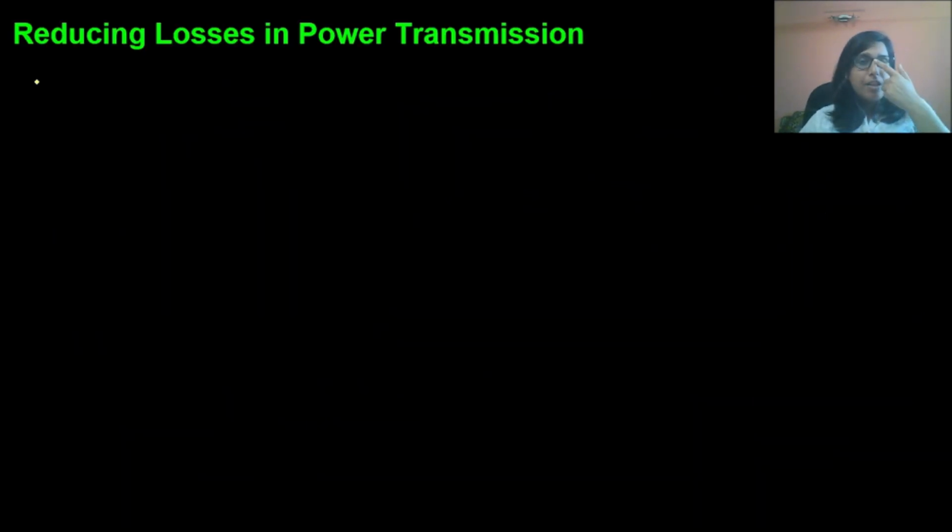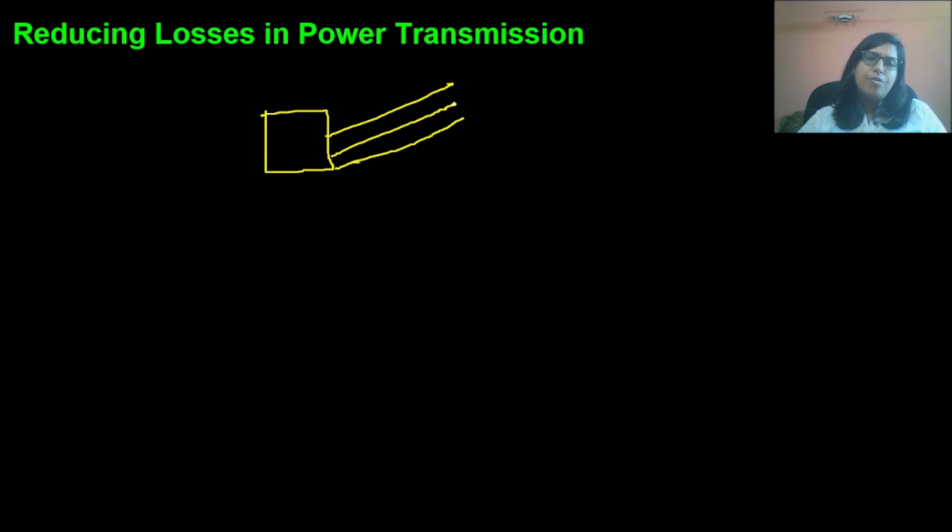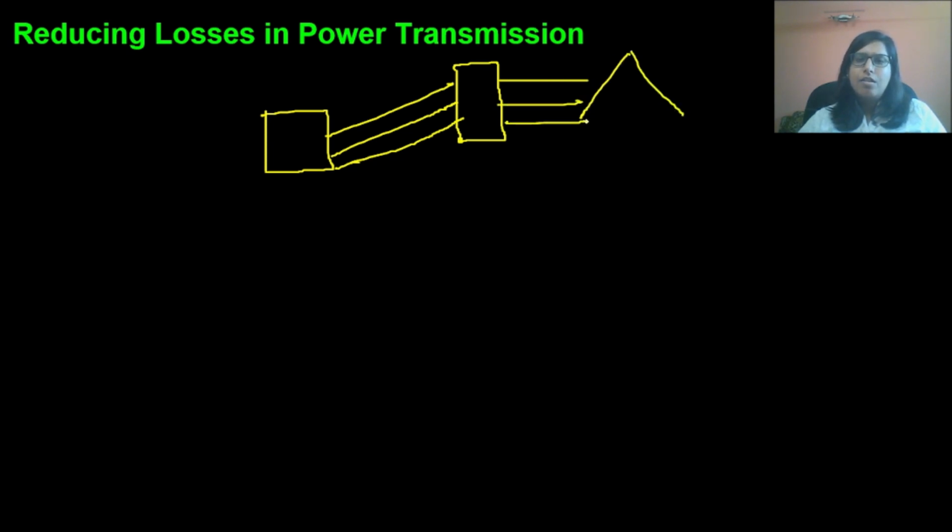Now, reducing losses in power transmission. We know that from power stations, power comes to our house, and there are some devices near our houses that change the voltage of the power, and that is called a transformer, right?